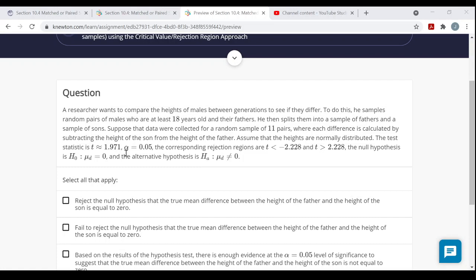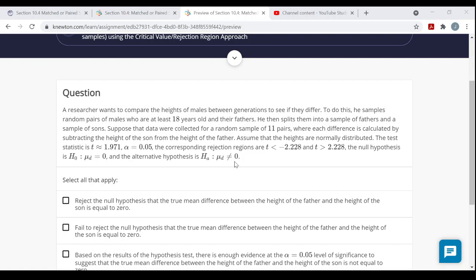The significance level, alpha, is 5%, 0.05. And the corresponding rejection regions are: any t-score less than negative 2.28 will be in a rejection region, and any t-score greater than positive 2.28 will be in a rejection region.